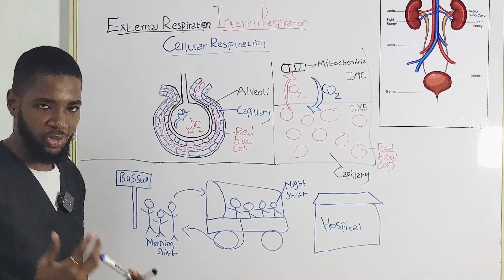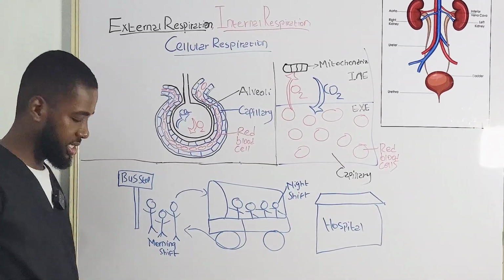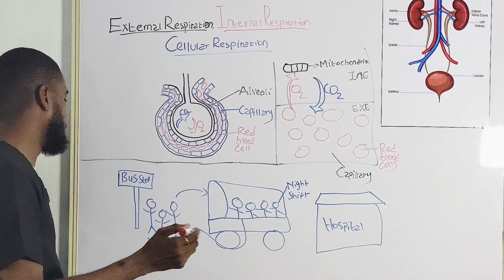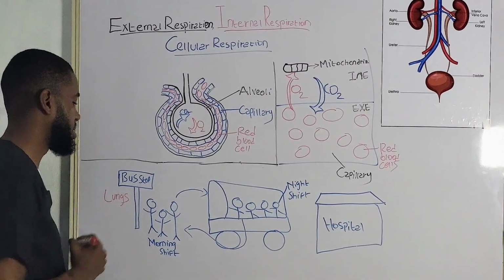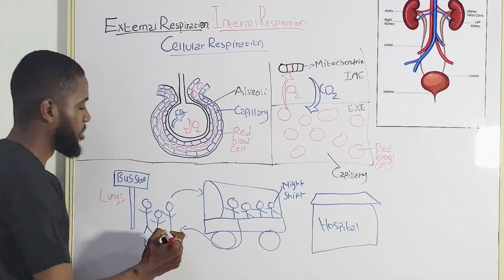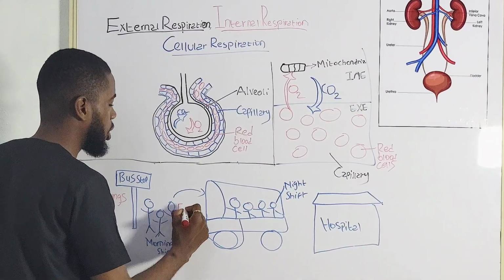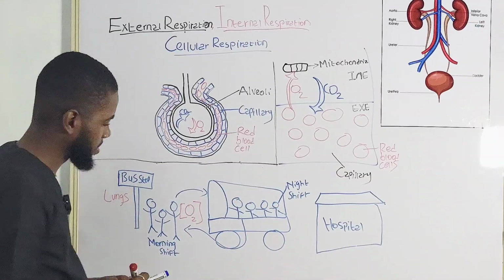Now, I want you to imagine this bus stop that you are waiting at as the lungs. Let the bus stop represent the lungs. Let the morning shift, you are the morning shift. I want you to represent oxygen, O2, that is located in the lungs.